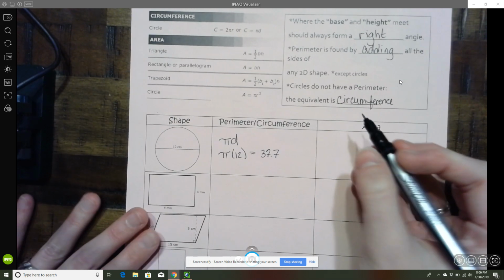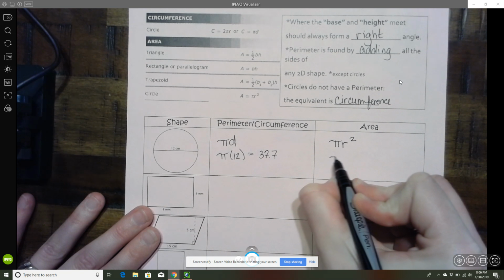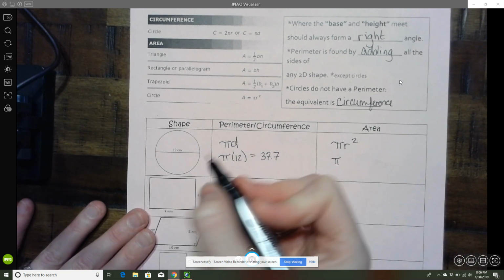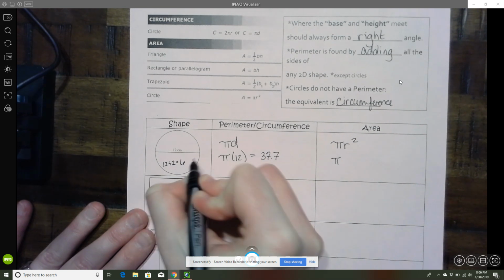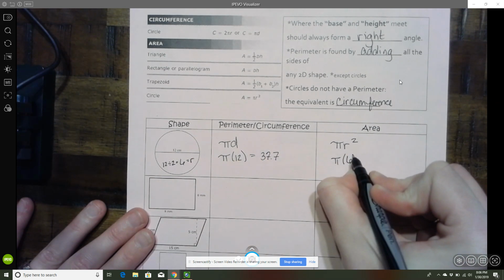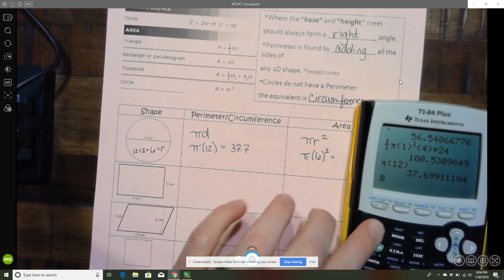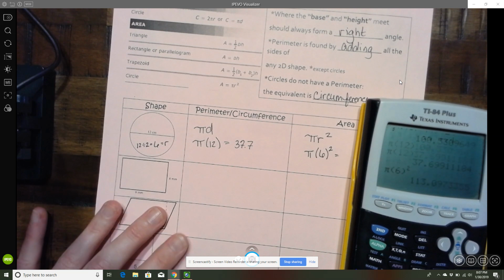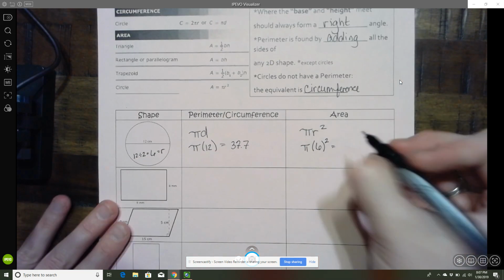Now area for a circle is pi r squared. So now I have to find the radius. So 12 divided by 2 is 6, and that would be my radius. So pi times 6 squared, and so 113.1.